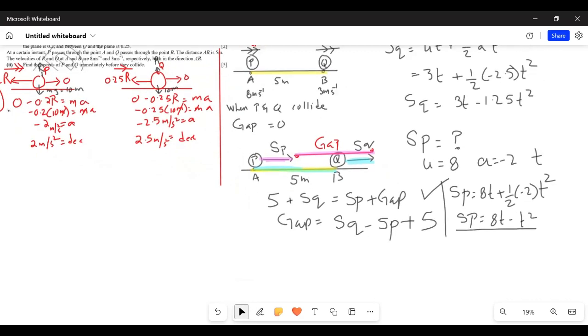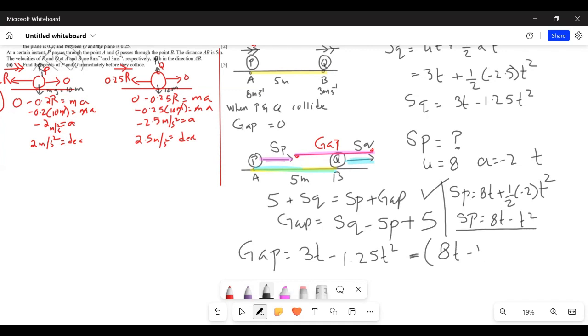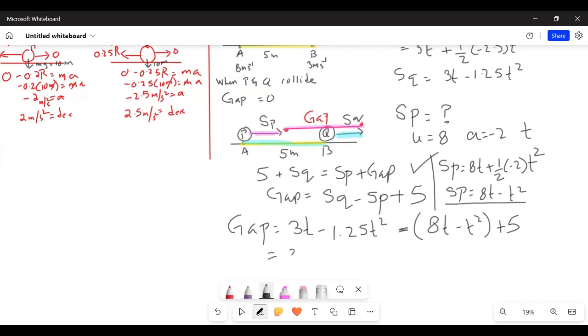Substitute the values. Gap would be equal to SQ, which is 3t minus 1.25 t square, minus SP, which is 8t minus t square, plus 5. So it's going to be 3t minus 1.25 t square minus 8t plus t square plus 5, and equate the gap to 0, because when the particles collide, the gap between them should be equal to 0.